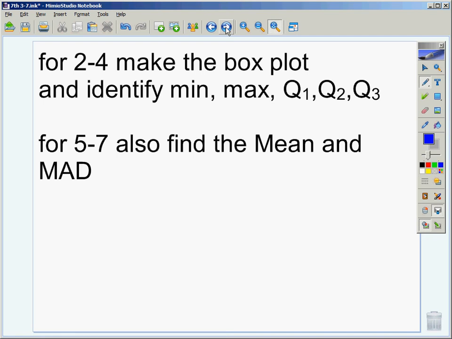On numbers 5 through 7, you're going to do all of that plus what? The mean and the MAD. So on all of them, you're going to do the box plot. You're going to find the 5 crucial points for all of them. But the last 3 problems, you're also going to find what? The mean and the MAD. Okay. Pretty good? Questions?